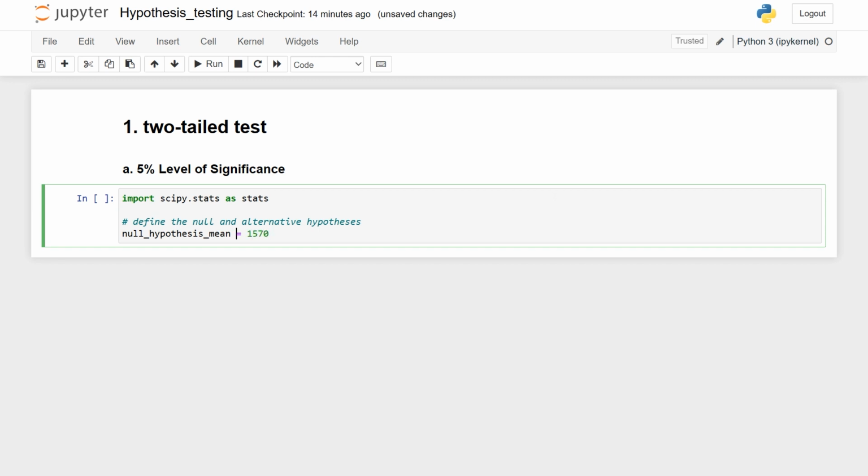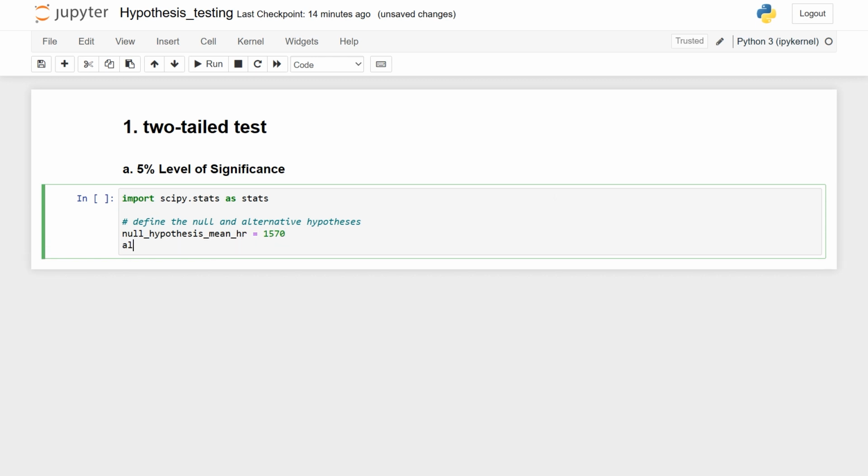Let me say here, underscore hr. This is 1570 hours, and the alternate hypothesis mean in hours is not equal to 1570.